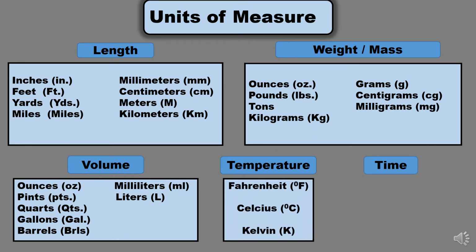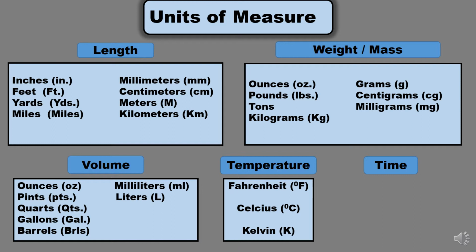Temperature. Temperature is pretty simple. On an everyday basis, most of us are most familiar with Fahrenheit, and we can understand a temperature of 30 degrees Fahrenheit. Some of you feel it's cold, but likewise here in Indiana, a temperature in the 90s, you feel it's pretty hot. But you go to other countries, they're measuring Celsius, and it takes some thinking to determine whether it's a hot or cold temperature.